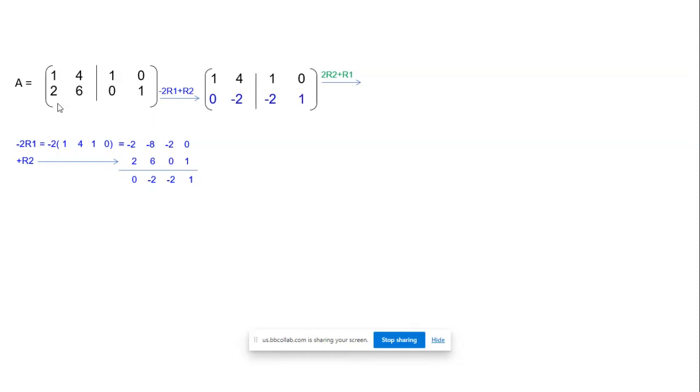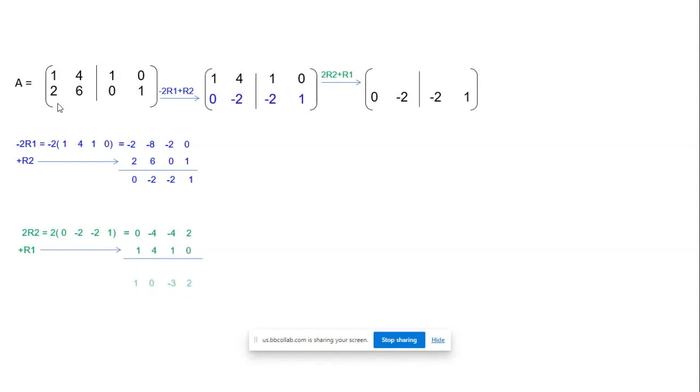Let me eliminate that 4. I'm going to multiply a 2 to row 2 and add it to row 1, and that's going to be my new row 1. I'm not altering row 2 anymore, so I'm going to write that one out: 0, -2, -2, 1. But I am going to get a new row 1. Again, I'm going to multiply a 2 to row 2 and add it to row 1.